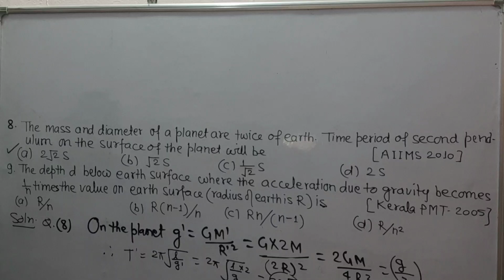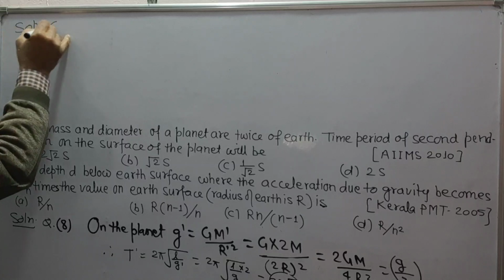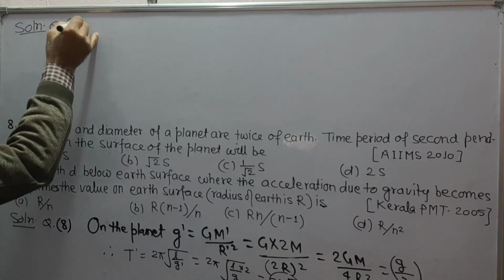Next, question number 9. The question is, the depth d below earth's surface where the acceleration due to gravity becomes 1 by n times the value on earth's surface is, here capital R is the radius of earth. So solution to question 9.